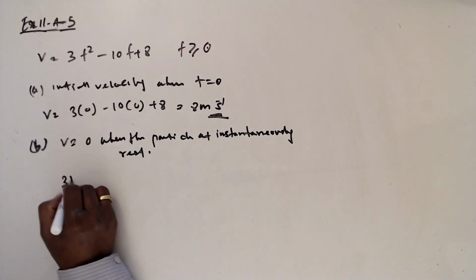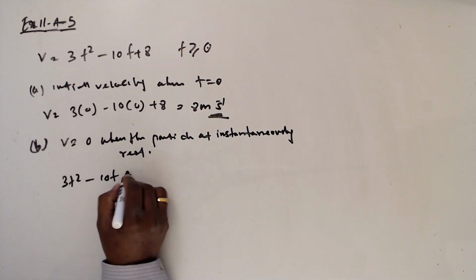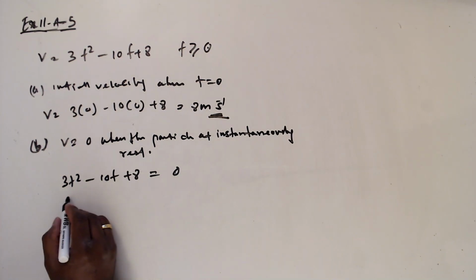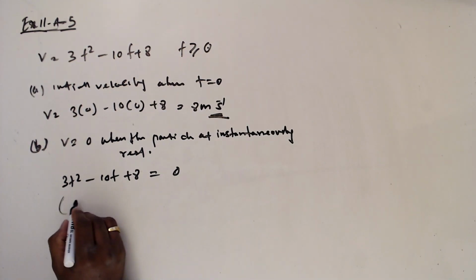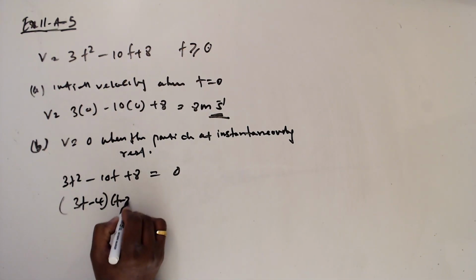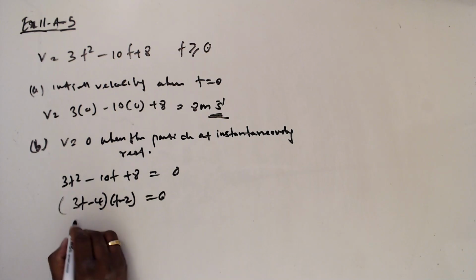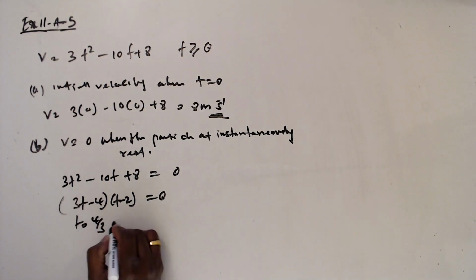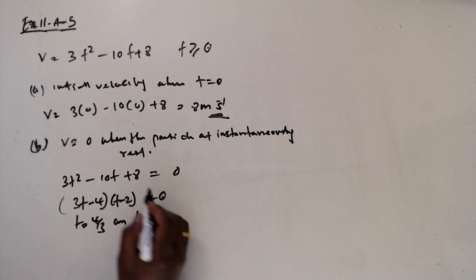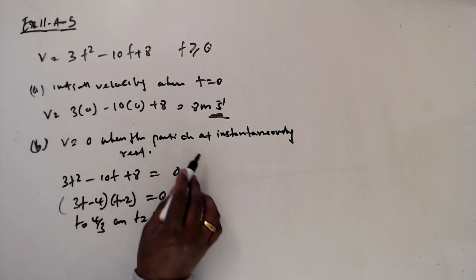Then 3t square minus 10t plus 8 equals 0, and we have to factorize this one. So this is (3t minus 4)(t minus 2) equals 0. So t equals 4 over 3 or t equals 2. This is when it is instantaneously at rest.